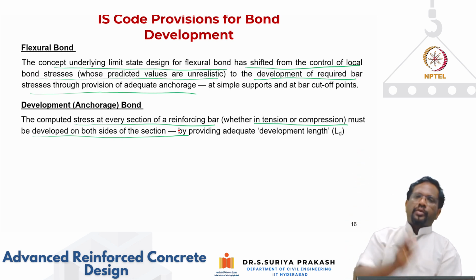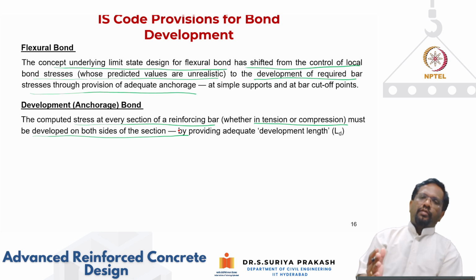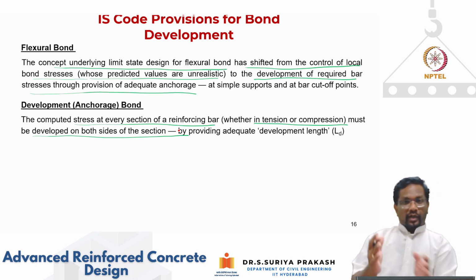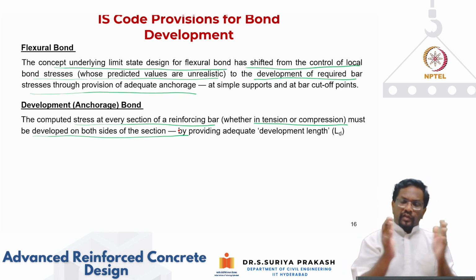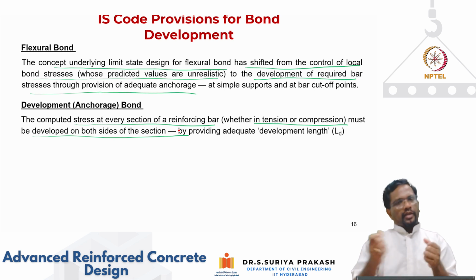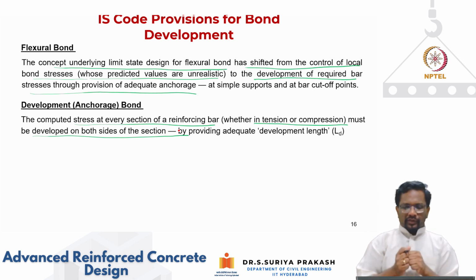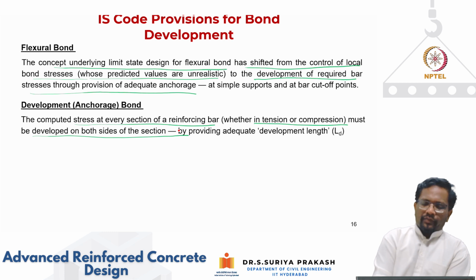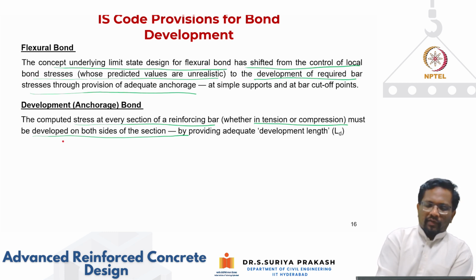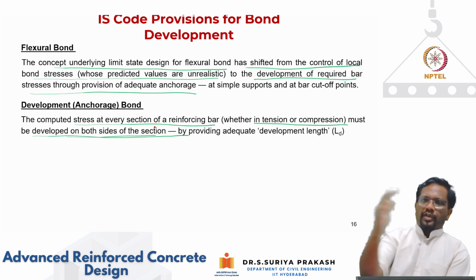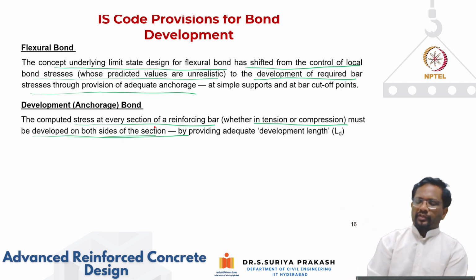But depending upon the bending moment profile, if I want to develop a particular tensile stress for the demand, I should be able to develop it. If I don't have enough development length, I will not be able to develop that stress. So we should be able to develop the required stress on both sides of the section, since bending moment can be left and right, by providing adequate development length.